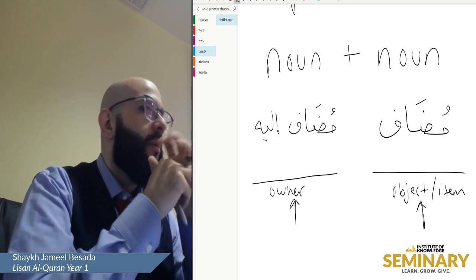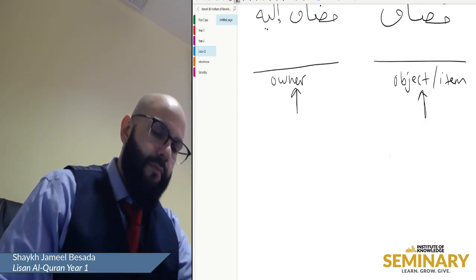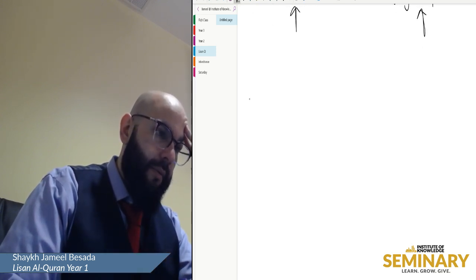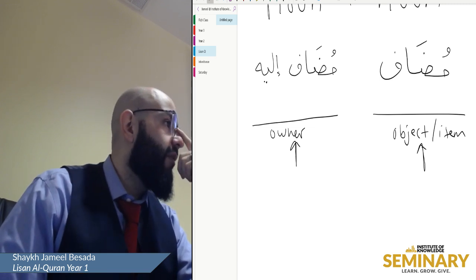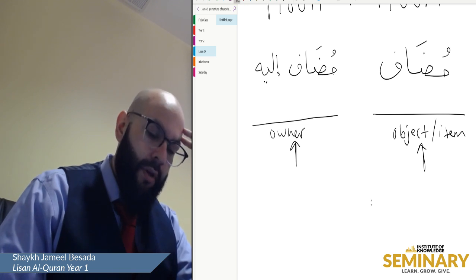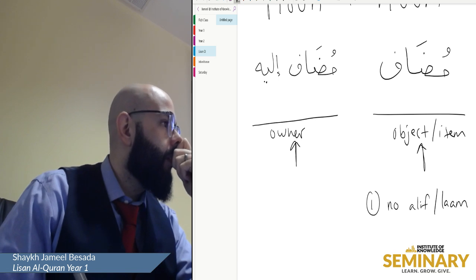All right. It's probably a little unclear, so let's do a couple examples first. Okay? Before I get into that actually, there are conditions for the mudaf. Okay? So the mudaf has two conditions. Number one, no alif lam. The mudaf cannot have alif lam.